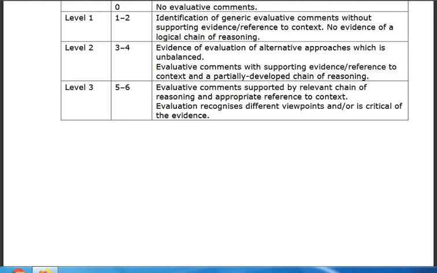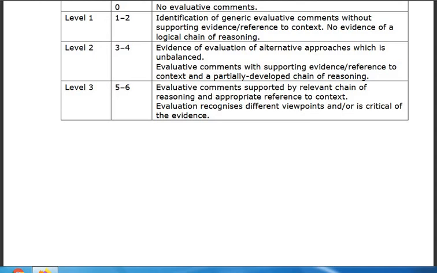There needs to be some relevant economics in there, where you've created a logic chain to explain your evaluation, to explain the judgments that you've made. You've not just pulled a judgment out of the fire and just whacked it on the page with no supporting evidence, with no supporting logic.